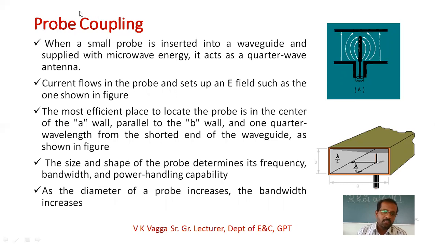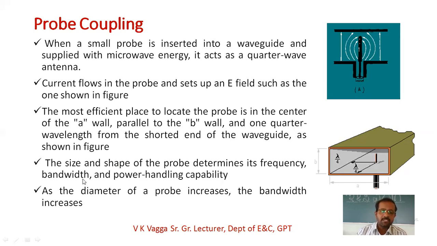Okay, so the probe coupling is nothing but inserting a single conductor at the center of the waveguide, in which all the E lines get attracted to this probe itself. This is called the probe coupling, and it is to be placed exactly at the lambda by 4 distance from the A wall and also exactly parallel to the B wall.